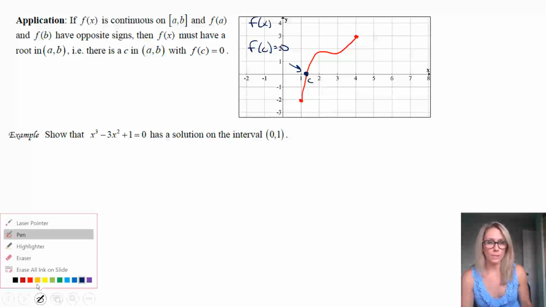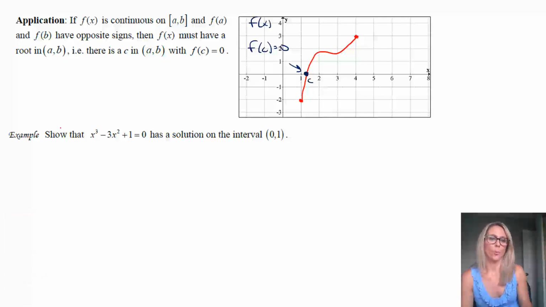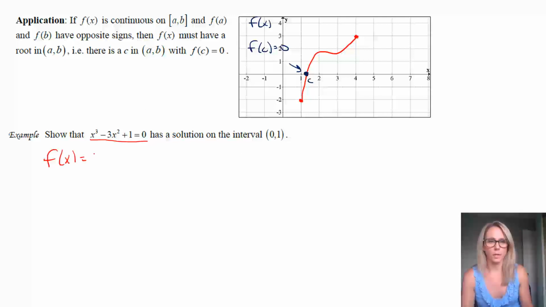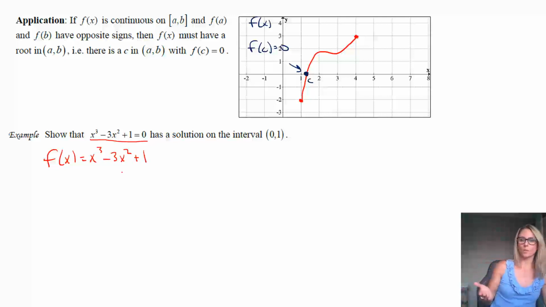And the way that we use this typically is we show that some equation has a solution. We want to remember that a function like x cubed, I mean, that's an equation, but here's a function, and we just want to know, when is that equal to 0?